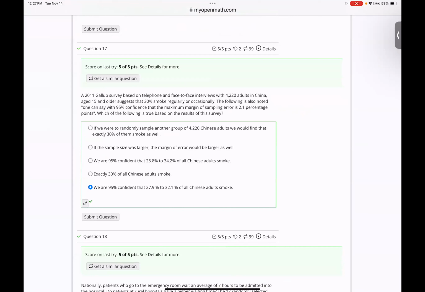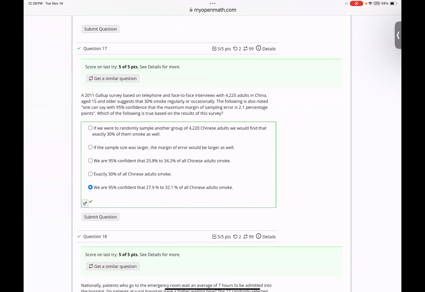As you can see, it's the last one, because that's what a confidence interval does for us. A confidence interval gives us an interval over which we are confident that our true population proportion would be.